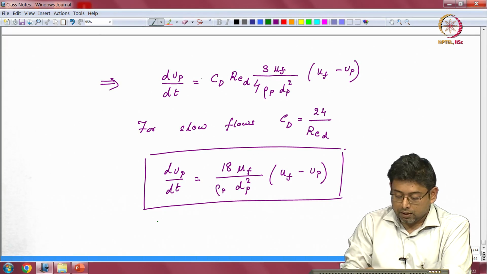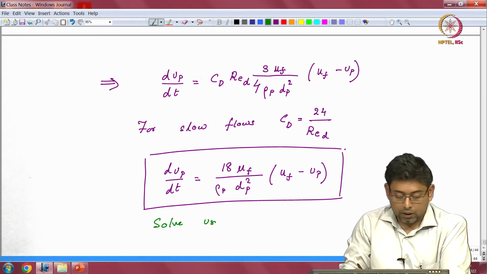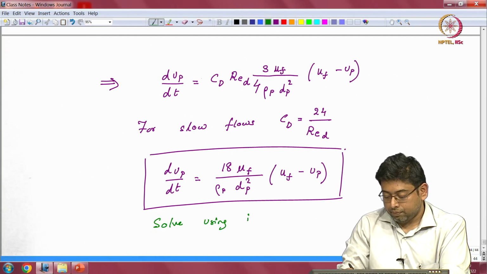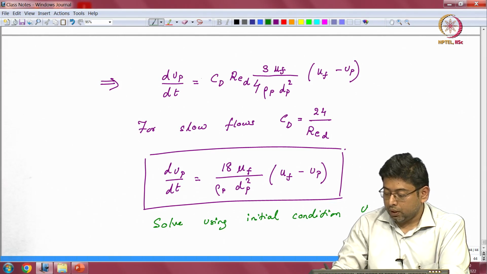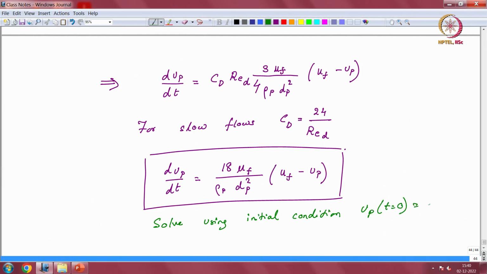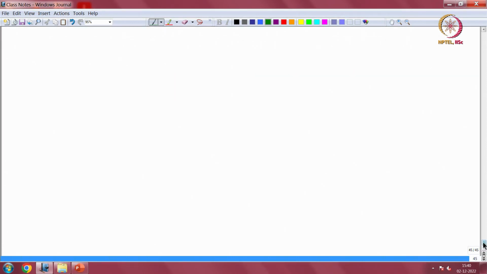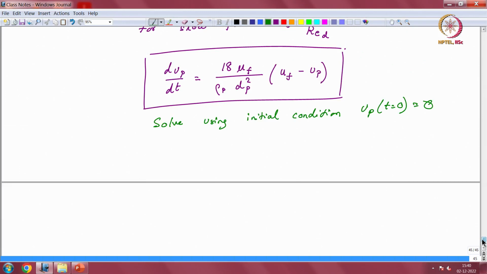So solve this using the initial condition Up at t equal to 0 is equal to 0. And if you solve this, the solution comes in the form of my particle velocity is my fluid velocity times 1 minus e to the power minus t by a time scale, which is my particle time scale.